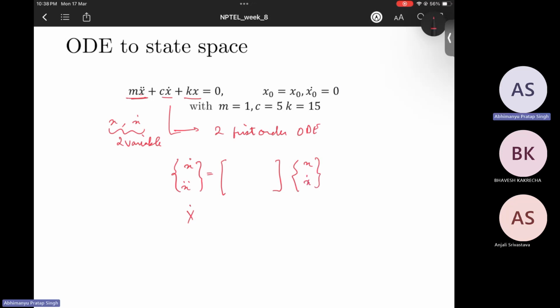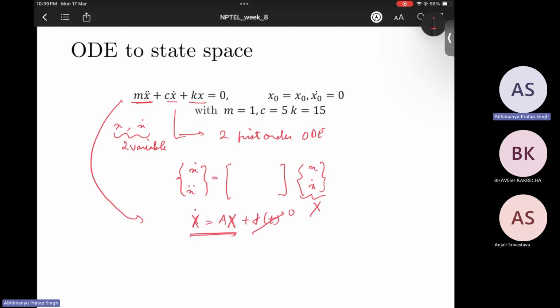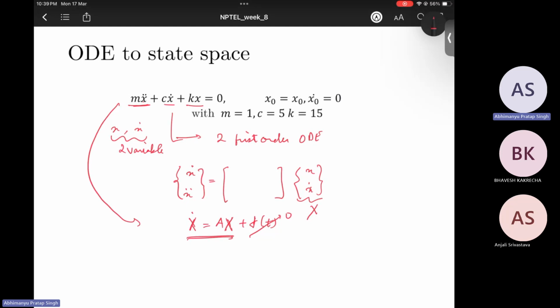What I am basically trying to do is convert this equation into the form x dot is equal to A x plus some other function, which in this case is 0. Once we convert this into such an equation, this x is a vector, not a scalar. So I can get two first order ODEs from this second order ODE.